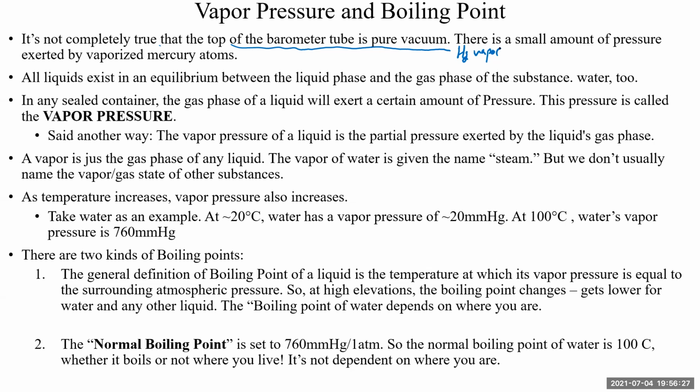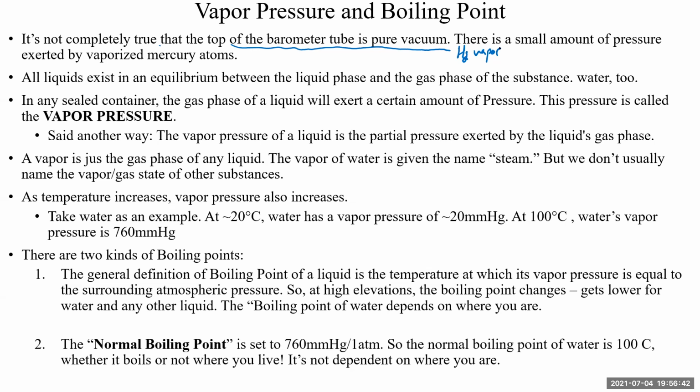Some of the mercury has vaporized, we're talking extremely tiny quantities, by the way, and it is exerting a little bit of gas pressure because it's vaporized gas. So there's a tiny, tiny bit of mercury vapor pressure.